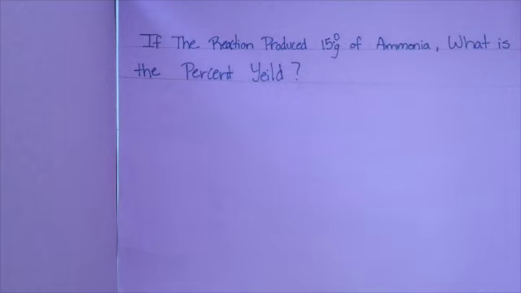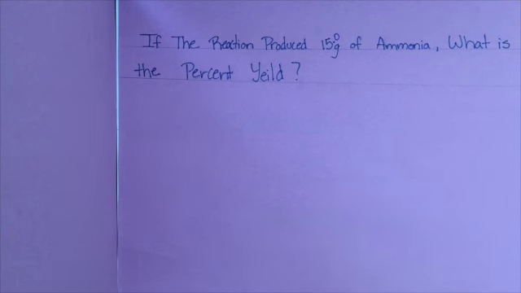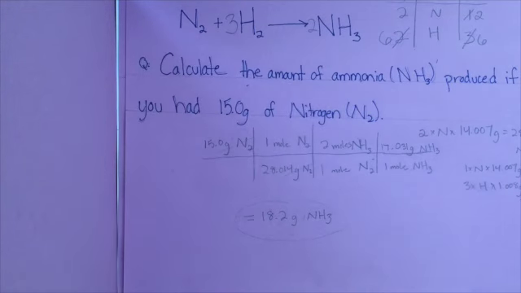So if the reaction produced 15.0 grams of ammonia, what is the percent yield? So 15.0 is the actual amount of ammonia produced. But in our previous equation, we got 18.2 grams of ammonia. But remember, this isn't the actuality. Like in normal terms, we could have some percent error and less of a product can be produced.